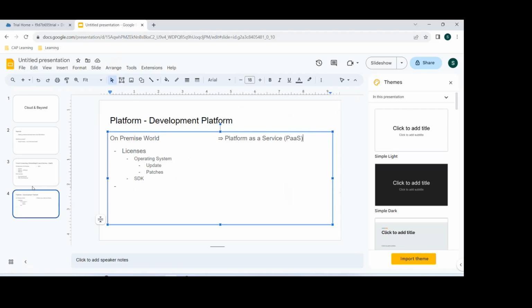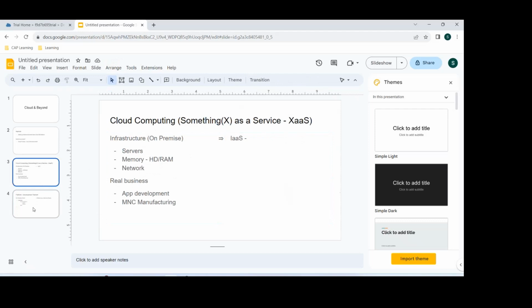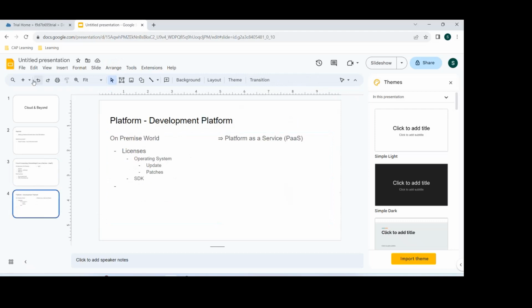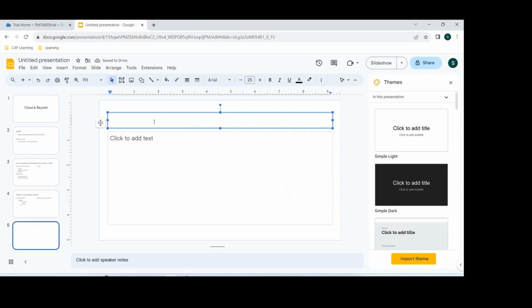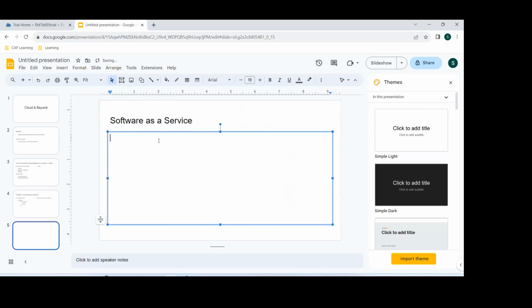But in order for us to complete the understanding of cloud computing that we started, let's also understand one more thing that comes as a service when you are going with cloud computing, called software as a service. And here comes any of the software that you are getting as a service. For example, Microsoft 365.